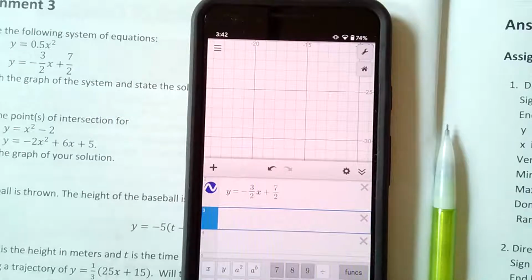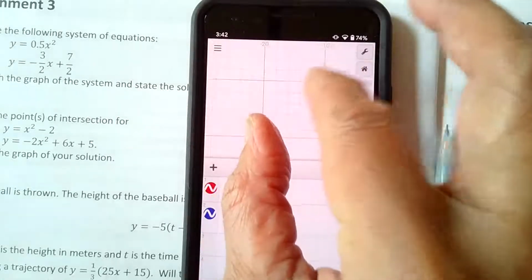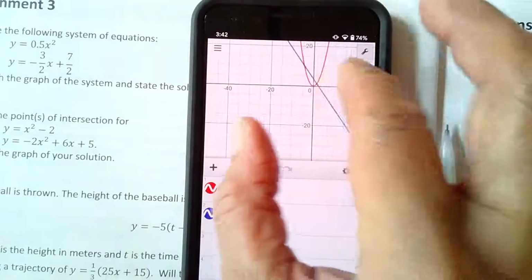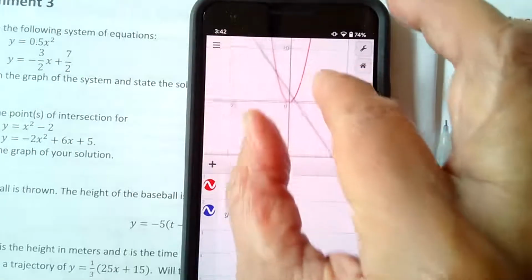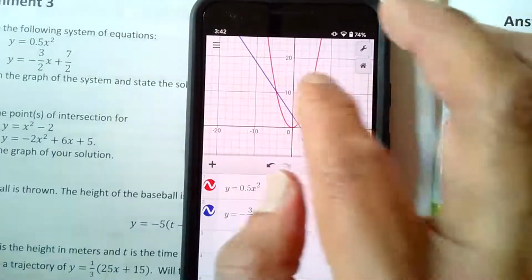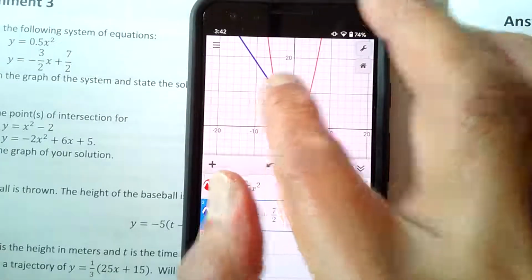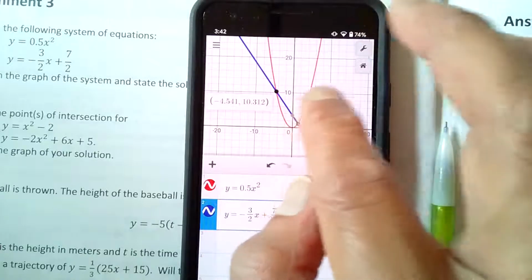My graph should show up here. And there they are. To find where they intersect, I tap and tap.